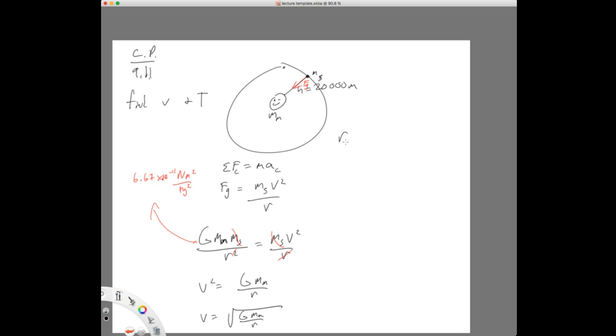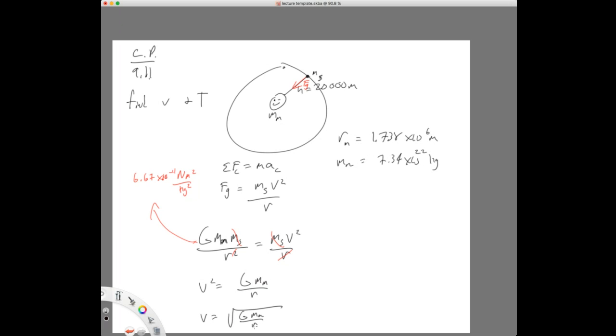So r moon equals 1.738 times 10 to the 6 meters. And the mass of the moon is given as 7.34 times 10 to the 22 kilograms.